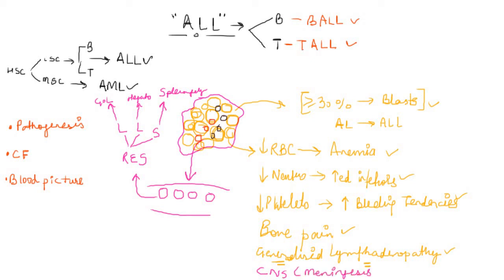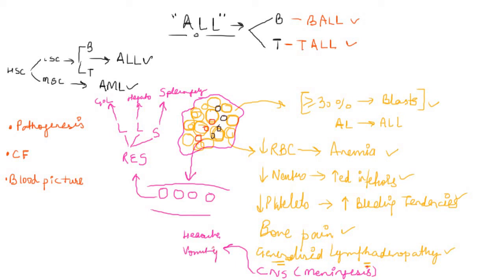See guys, these cells are within the blood, so they can naturally go into any part of the body and lodge over there. So when they involve the meninges and the CNS, they can cause various symptoms like headache, vomiting and nerve palsies or nerve paralysis.